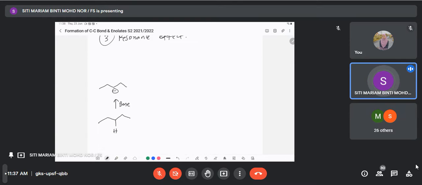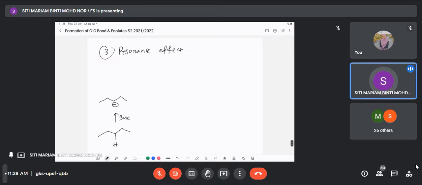For the previous example, the second factor, I didn't show you this; I straight away drew the structure of the carbanion, but you should know how that carbanion forms. So that's the first carbanion for this discussion.